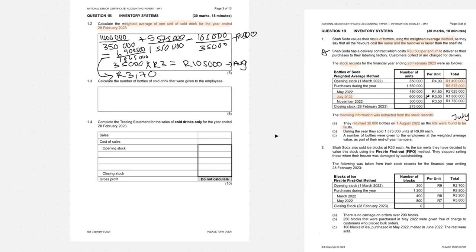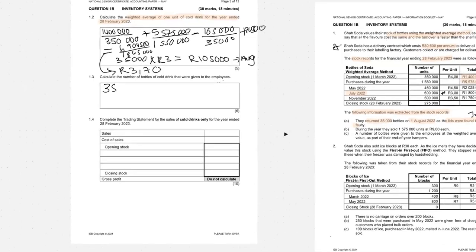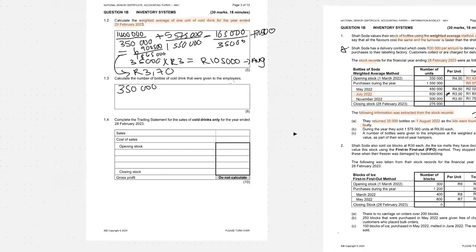So let's do that. 350,000 plus purchases of 1,550,000 minus returns of 35,000 minus the closing stock of 275,000.